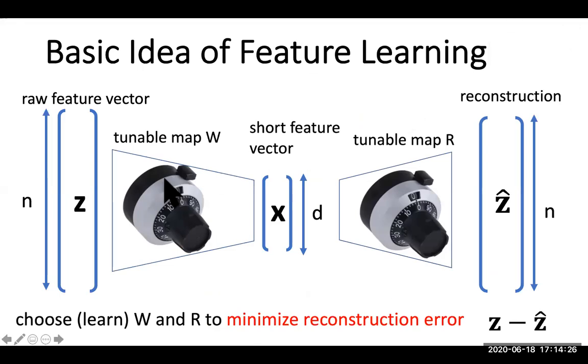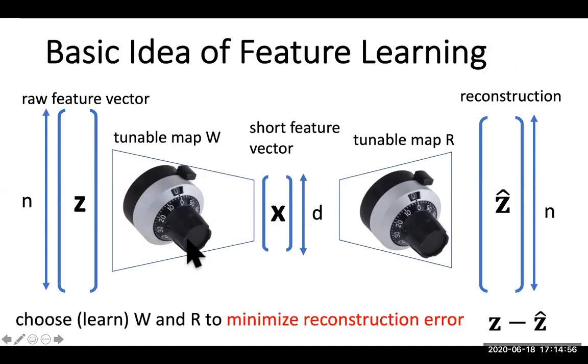What we would like to do is find a map that takes a raw feature vector, for example, all the pixels of all the frames of a high definition video, which are some billions of numbers. So this is the raw feature vector. And we apply some map which we can tune, a map which includes parameters which we can change, to get a shorter feature vector x.